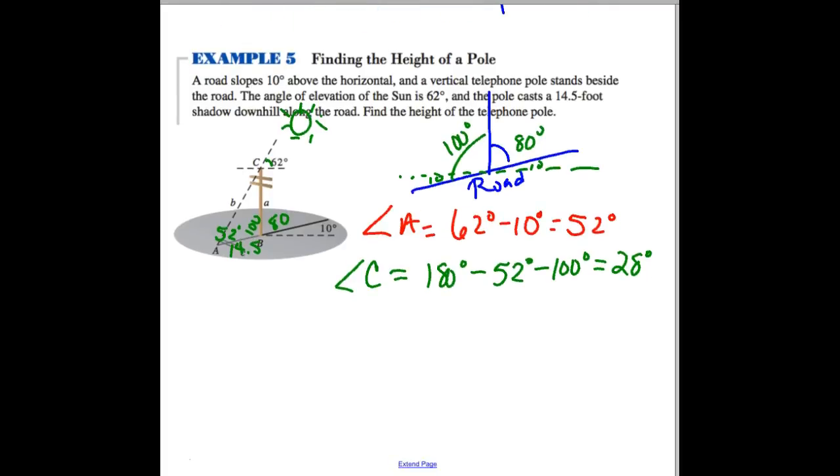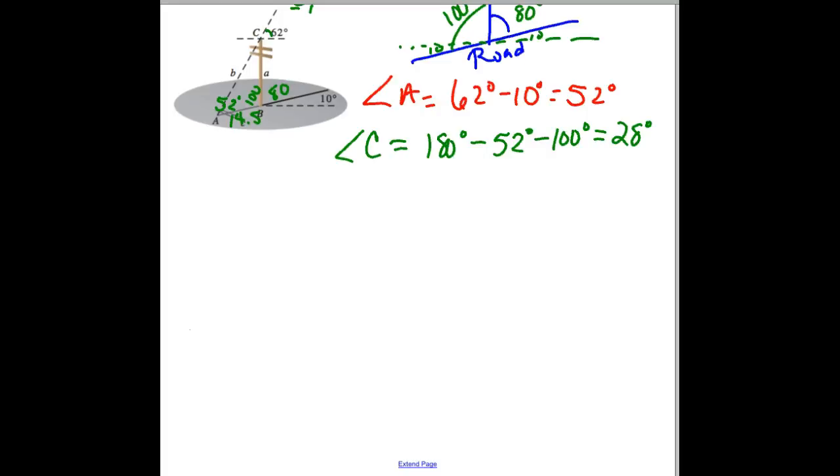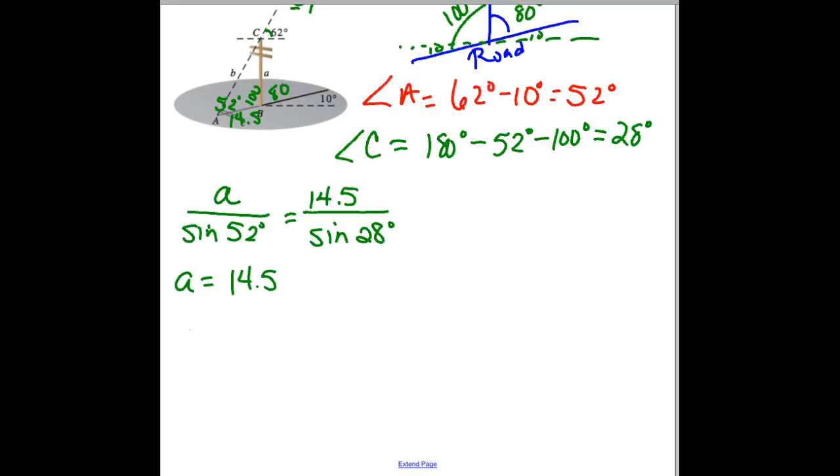All right, so finding side A. A is to the sine of 52, as 14.5 is to the sine of 28. All right, take a minute. Use your calculators. What do we get for A? What did we get?